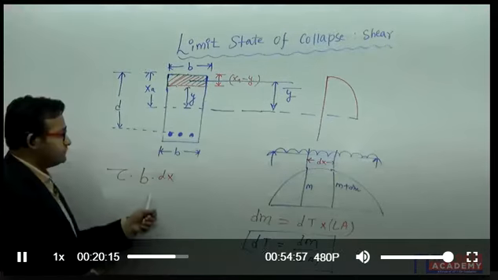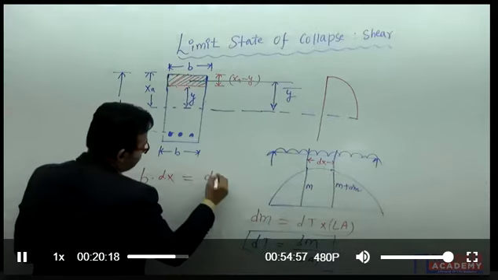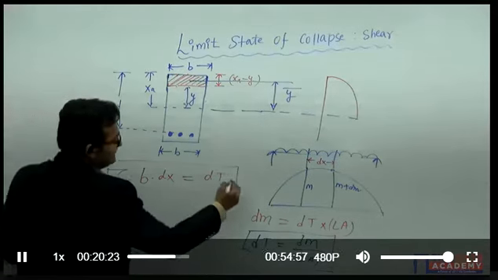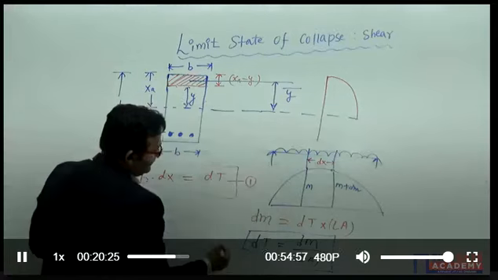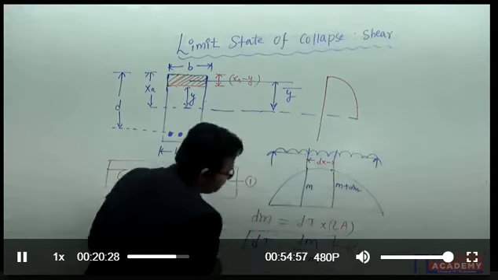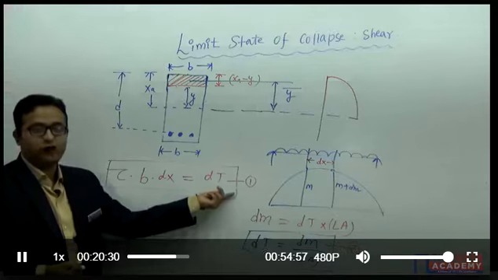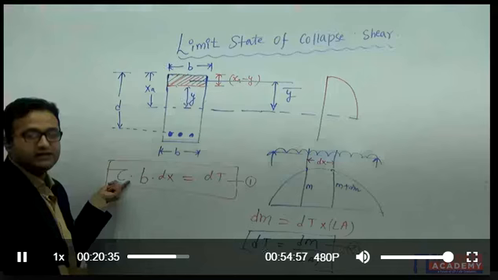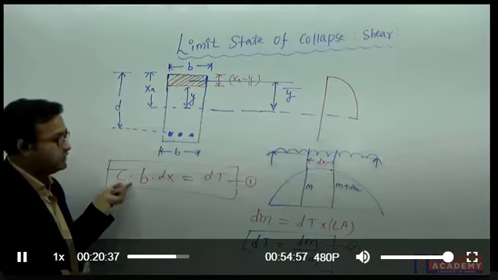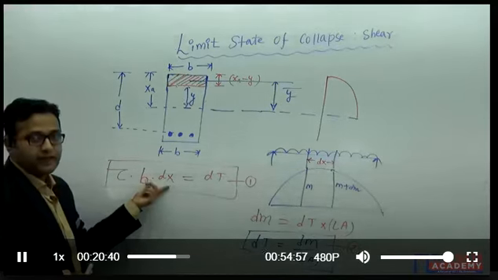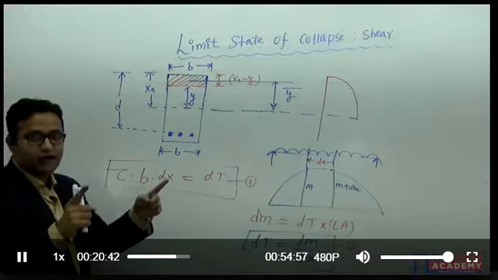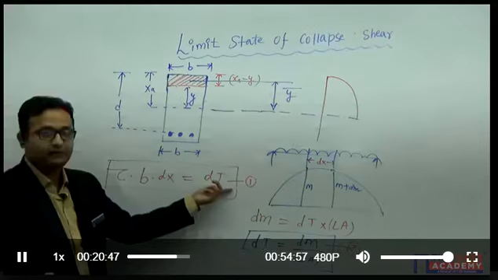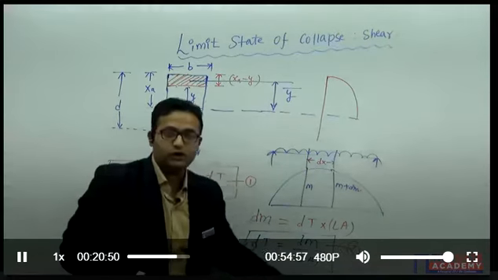This is the total shear force, and this will be equal to dT. So this is equation number 1 and this is equation number 2. This additional force is nothing but your shear force, and below the neutral axis the shear stress is tau. So tau into area, which is b into dx, the section distance dx, is equal to dT. So I can keep 1 equal to 2.